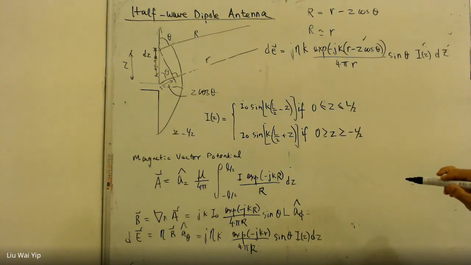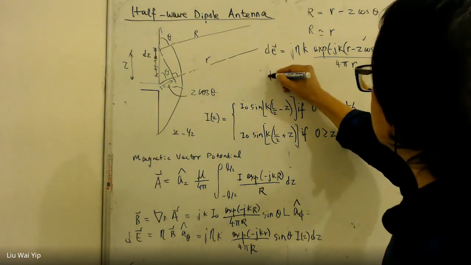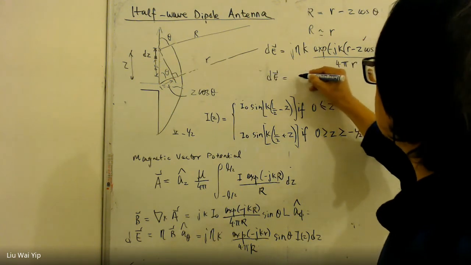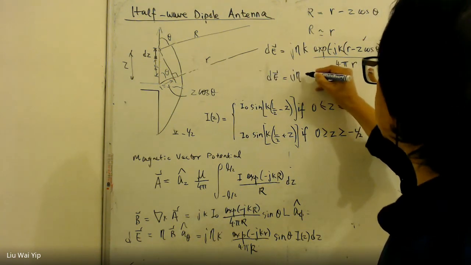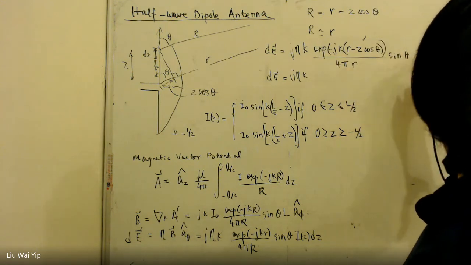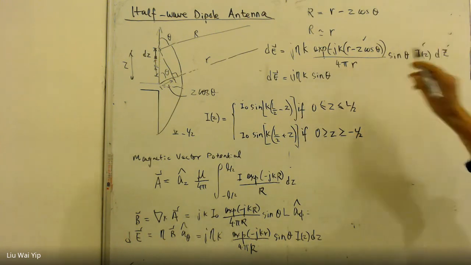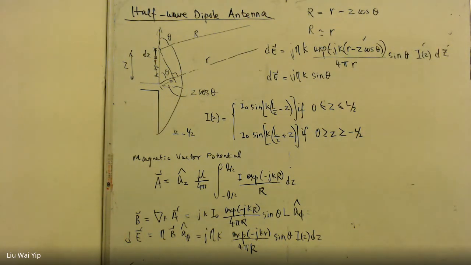So the next step is to just organize the equation a little bit. The E of J is theta, and then K, and then we change the position, this sine theta here.